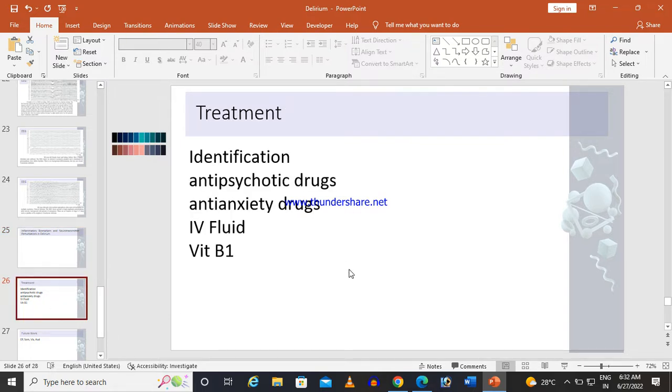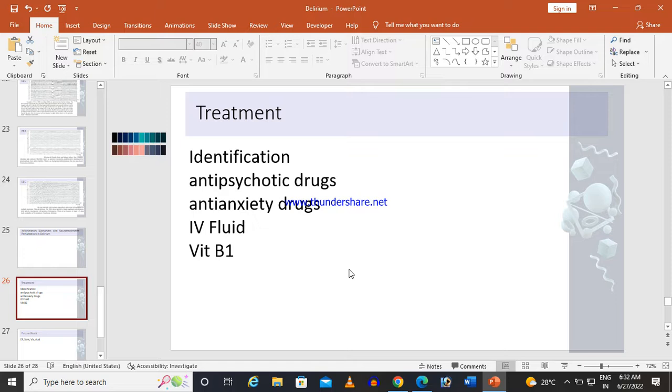So what is the treatment? You identify the reason for delirium and attack that particular reason. Apply some antipsychotic drug, anti-anxiety drug.